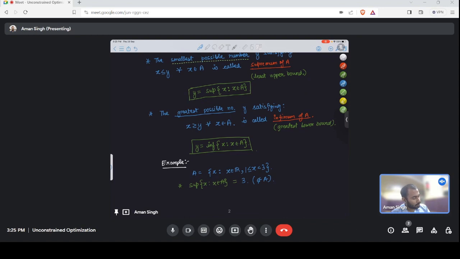You can also see we cannot have any number lower than 3 which can be called the supremum, because any number that you choose which is less than 3 will have an element in A which is greater than that.